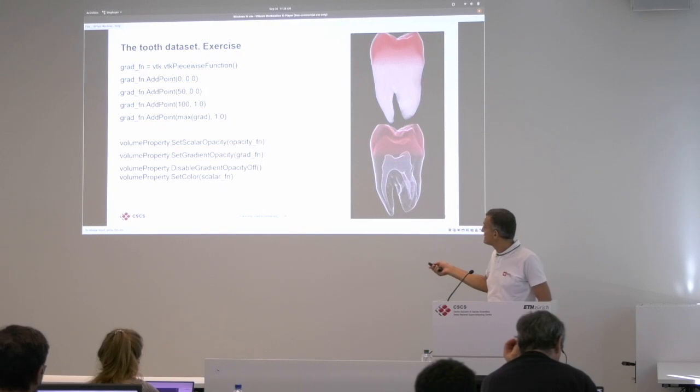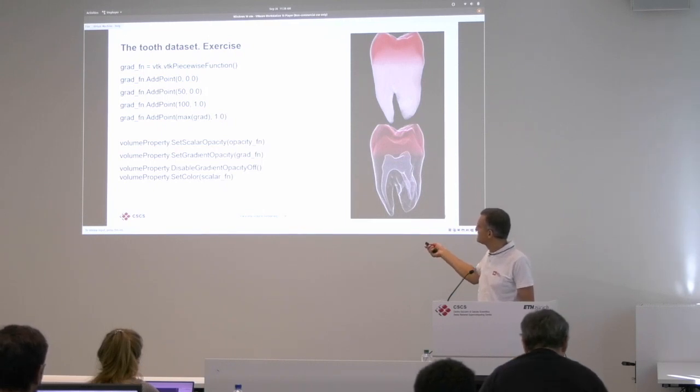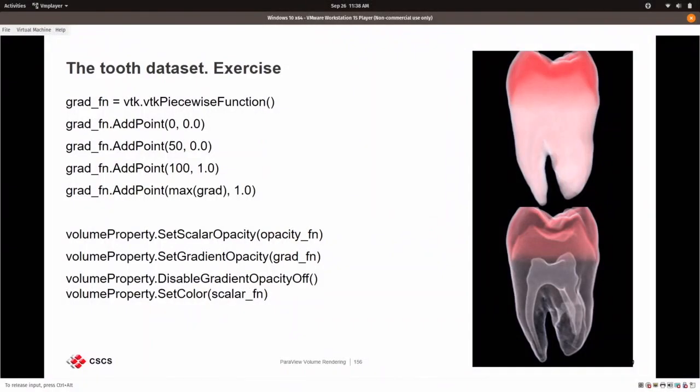So this is my gradient function. It's a piecewise function starting at 0, going to 50, always 0, and then going to 100. So this is a ramp from 50 to 100. We have a ramp going from 0 to 1, and then everything else is 1. And then I set 3 different functions.